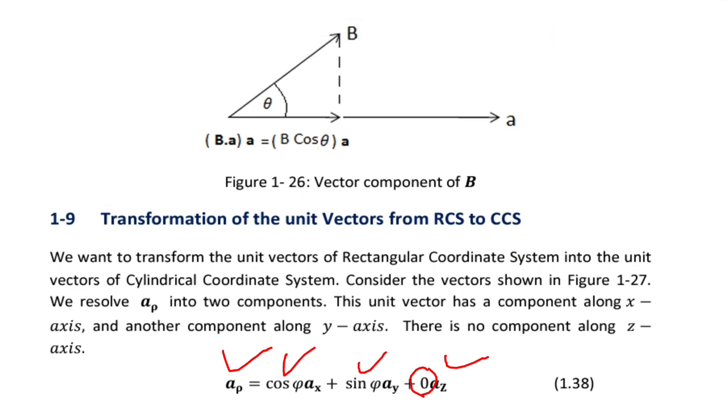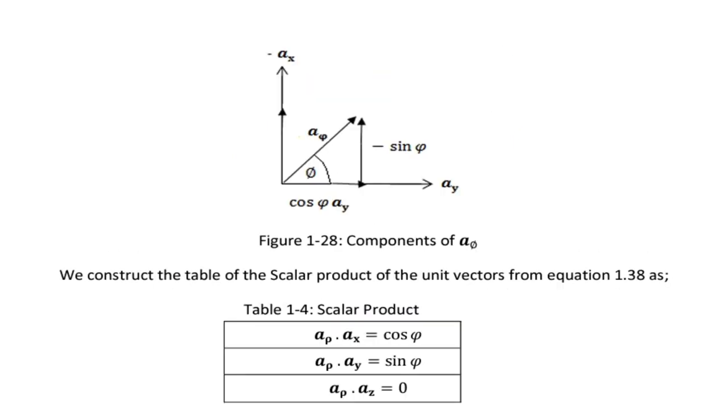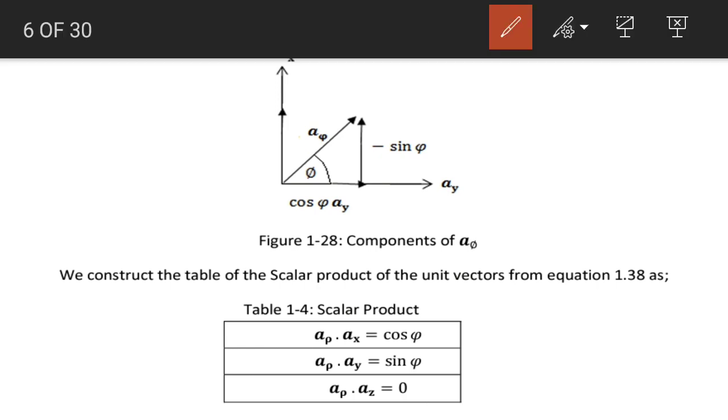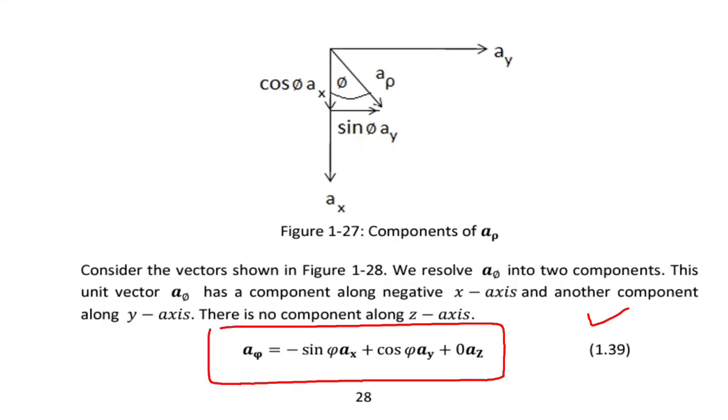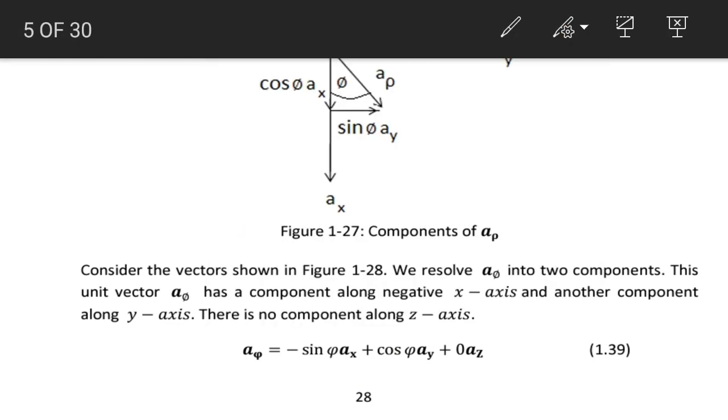Let us consider the scalar product of these unit vectors in table number 1.4. So you see a rho dot ax results in cos phi, a rho dot ay results in sin phi, and a rho dot az results in 0. Similarly, we consider equation number 39.